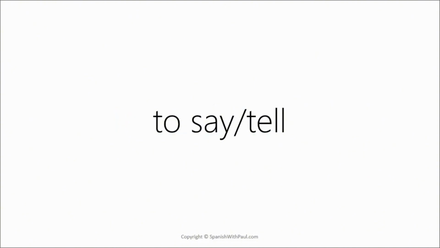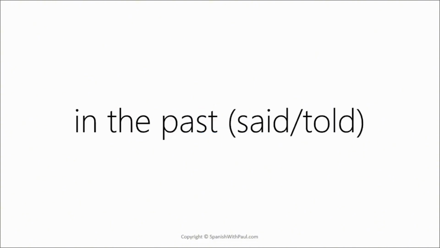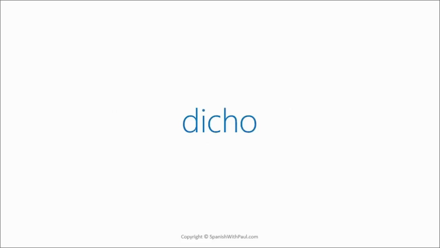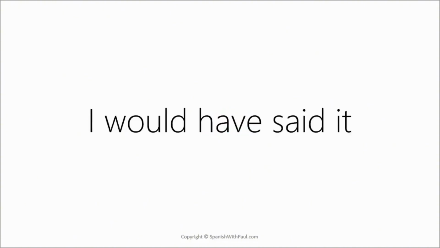The verb to say or to tell is decir. And the past participle again is irregular. So said or told would be dicho. Again, you can see there's no hint of the ado or ido sound in it because it's irregular. So it goes to dicho. Now, how would you say I would have said it?